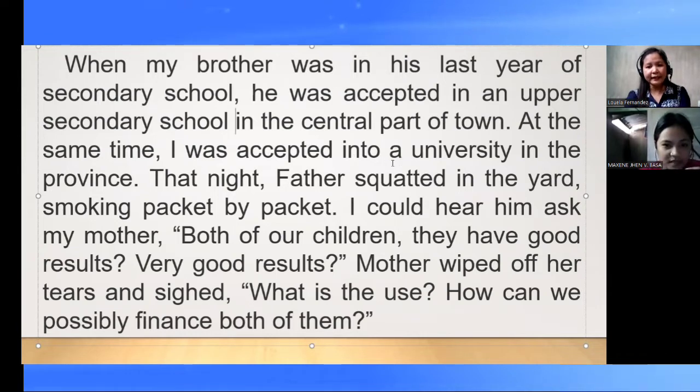And together with that, his sister was now going to college, to university. And so the parents are financially incapable of sending their children to school.